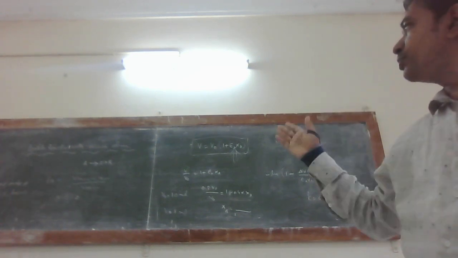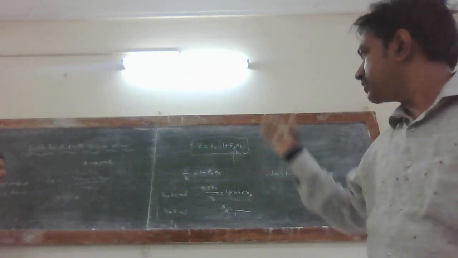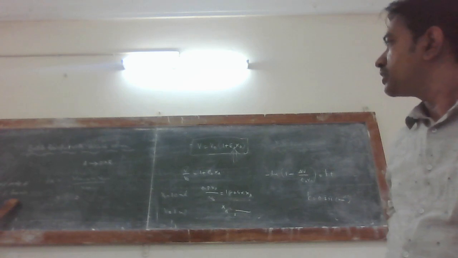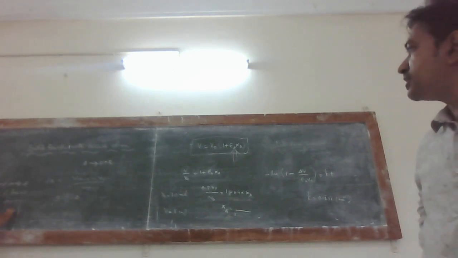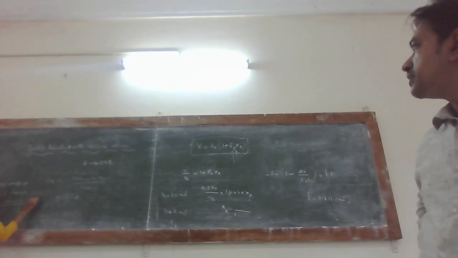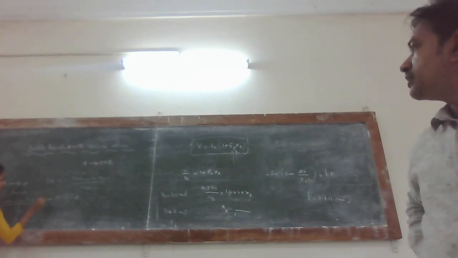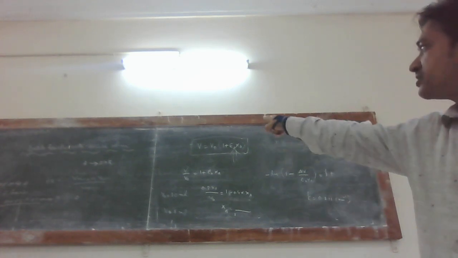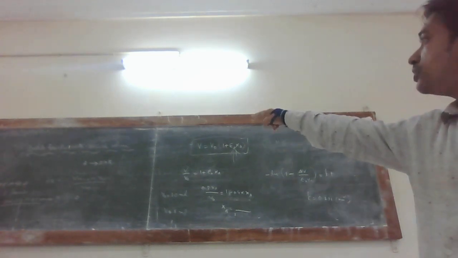Now you do it. At 100% conversion, what is the total number of moles? Start with 100%. If A is 100% converted, what is the value? 2.5.